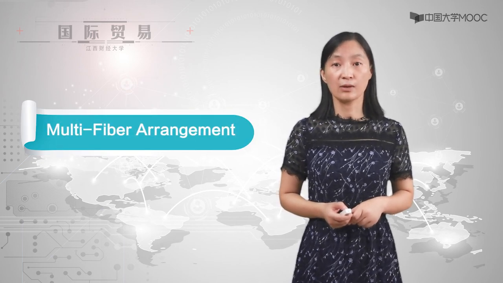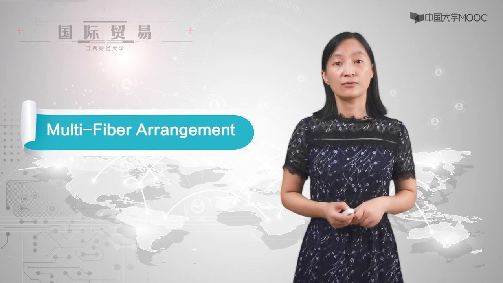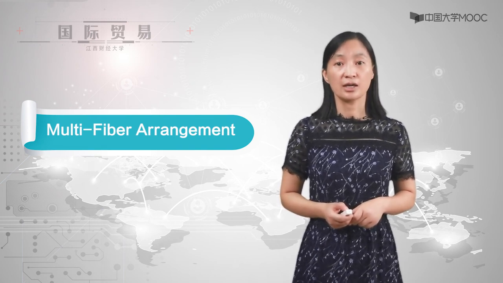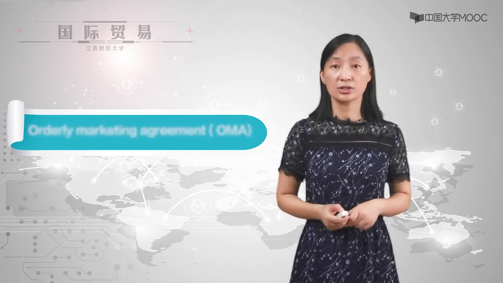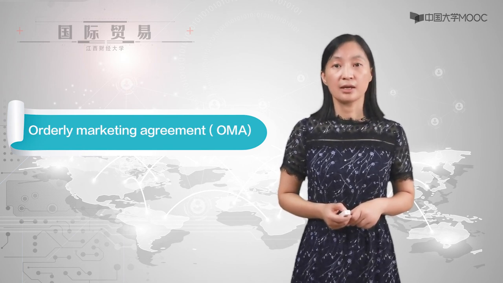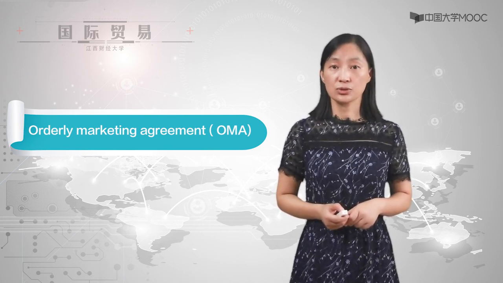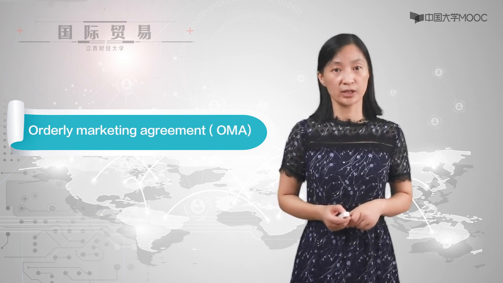The most famous multilateral agreement is the Multi-Fiber Arrangement, which limited textile exports from 22 countries until the beginning of 2005. Such multilateral voluntary restraint agreements are known as Orderly Marketing Agreements, or OMA, but recent international trade agreements have prevented further use of this trade restriction.